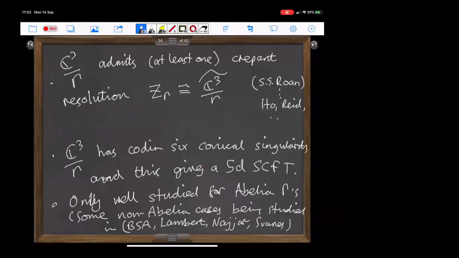But anyway, it's expected that if you collapse the exceptional divisors of this resolution to the orbifold point, in that limit one obtains a 5-dimensional superconformal field theory. Now, as far as I know, these are only well studied for when gamma is abelian, because then you have a toric singularity, and you can understand the Calabi-Yau manifolds and aspects of the metric using the fact that it's toric.